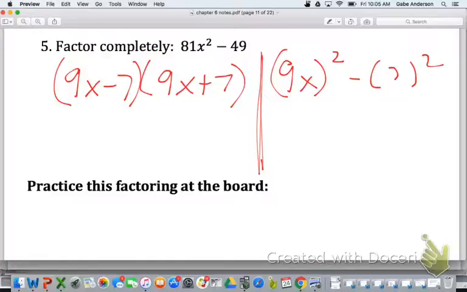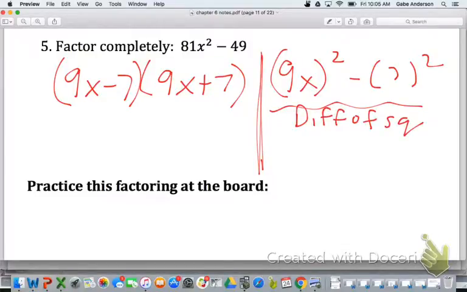I want to remind you, though, what factoring is. Factoring is taking something that is not a multiplication problem and turning it into a multiplication problem. So if you look at what you have right here, that's still a subtraction problem, right? And so that means you're not done yet. What you did was not wrong. You're just not finished. Does that make sense? What do you do after that? So you recognize that this is the difference of squares.